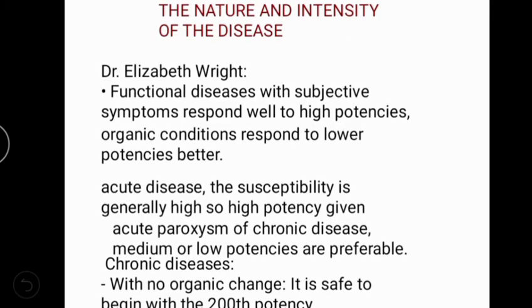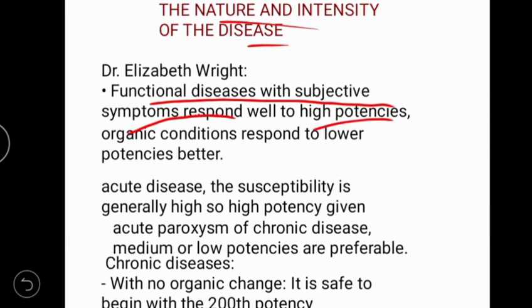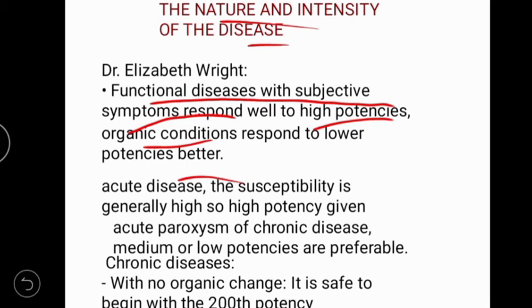Then the nature and intensity of the disease. According to Dr. Elizabeth, functional disease with subjective symptoms responds well to high potency, and organic conditions respond to lower potency. So what does it mean? It means when we describe subjectively what type of disease it is, then we use high potency.